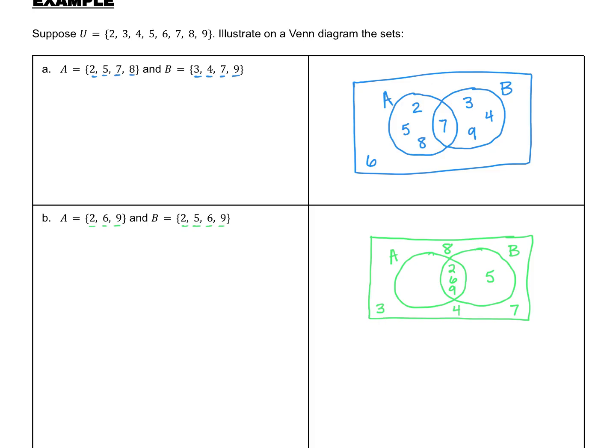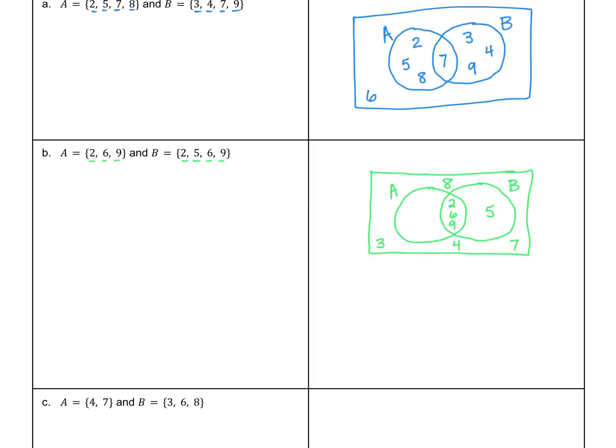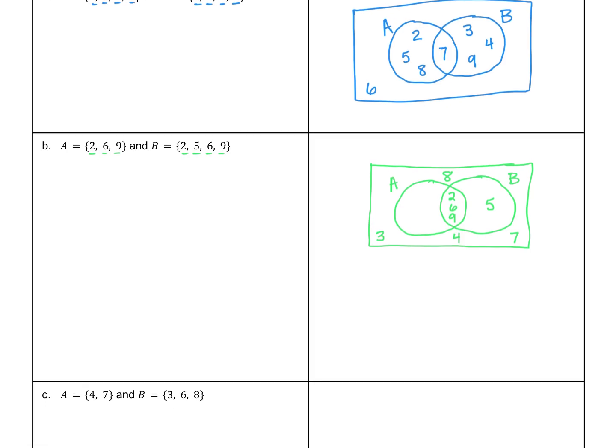So if we do not like the way that this is written, we can write this Venn diagram a little bit differently. And it would look like this. So we see how A is on the inside of B. So what we could easily do is draw one big circle and then draw a smaller circle on the inside of it.